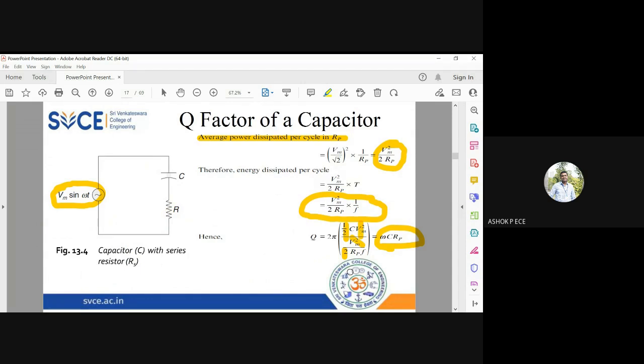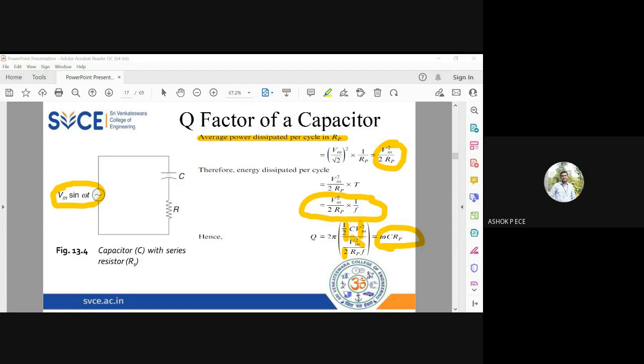So remember, when things are in series, Q is equal to X by R. When the components are in parallel, we have Q is equal to R by X. So we have verified that for finding the Q factor of L and C, we verified that with our usual formula Q is equal to X by R. It was working fine.